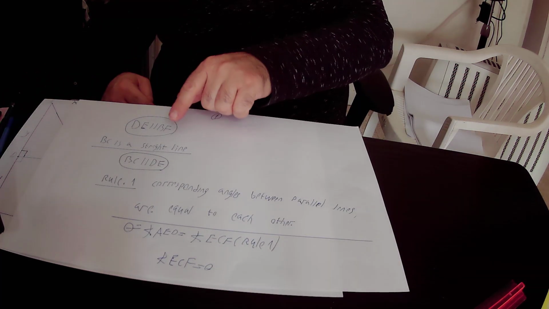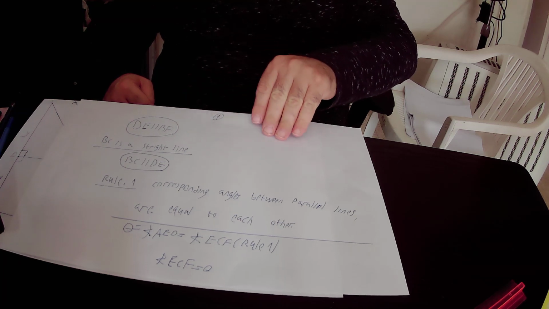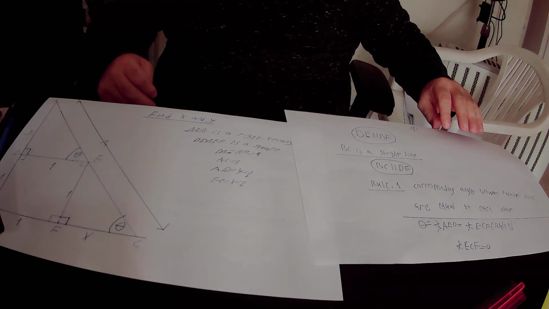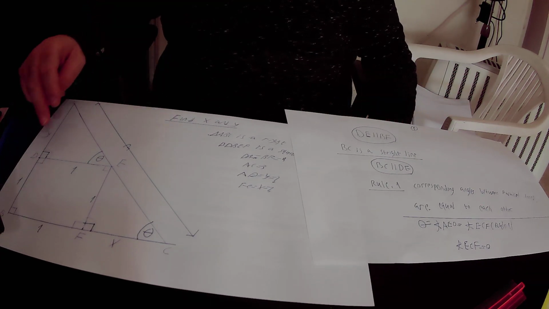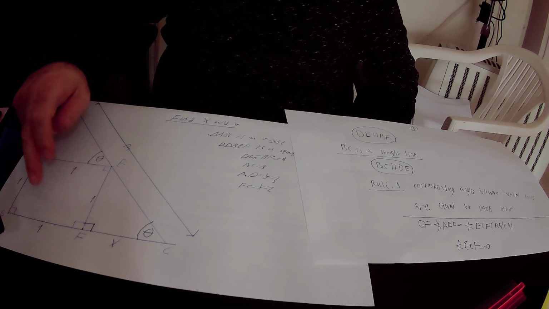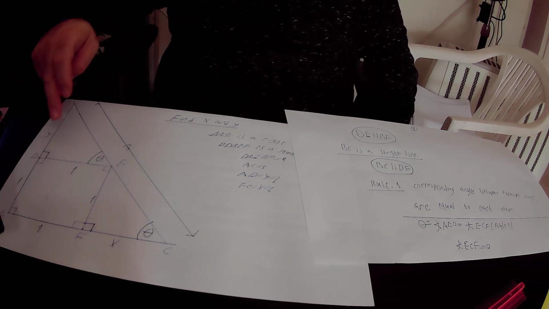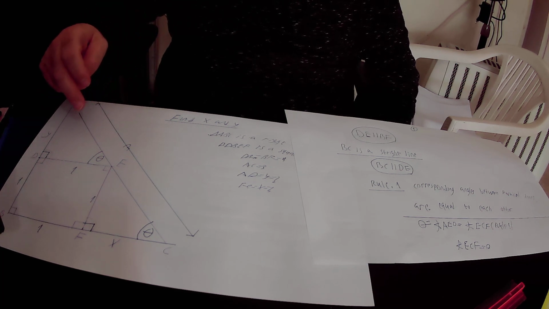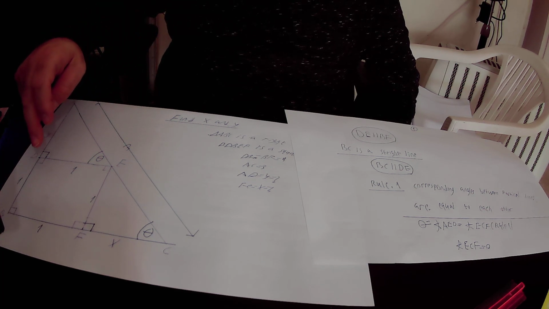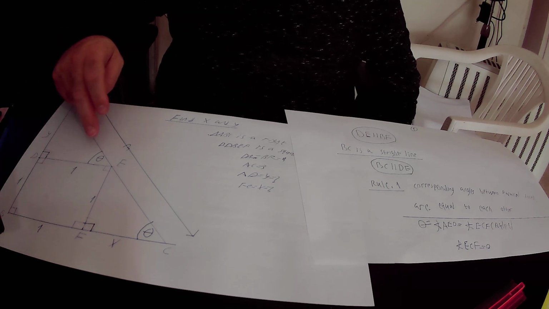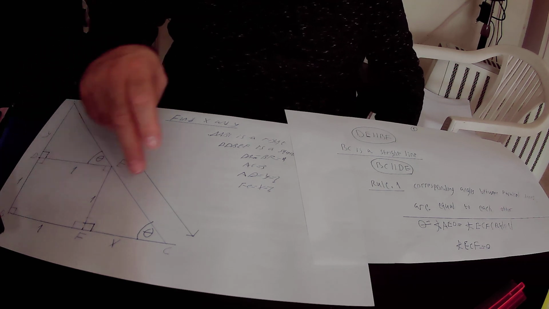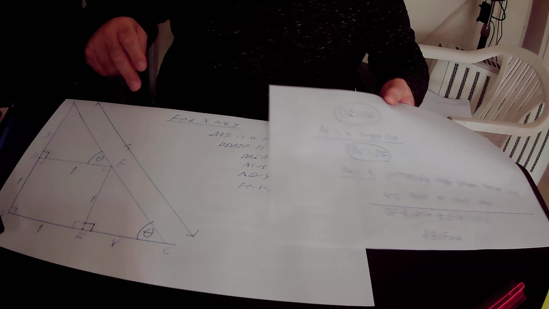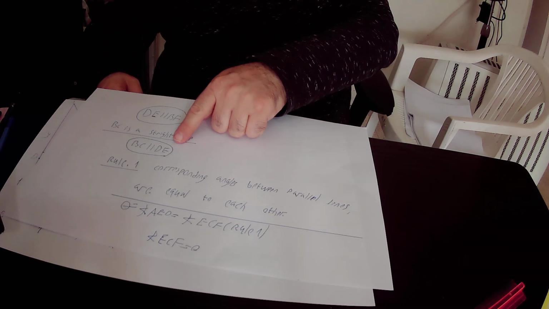Okay, BC is a straight line, but we know that BF, that is part of the straight line BC, is parallel to DE. So if part of the straight line BC is parallel to DE, then the straight line BC itself will be parallel to DE. Okay, so BC is parallel to DE.